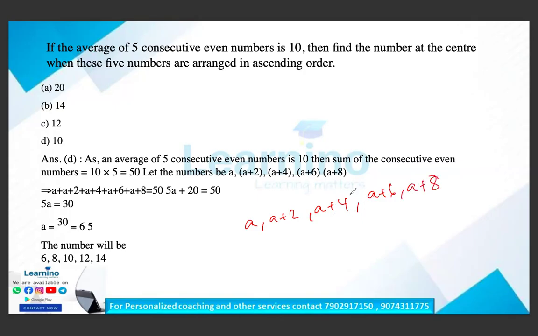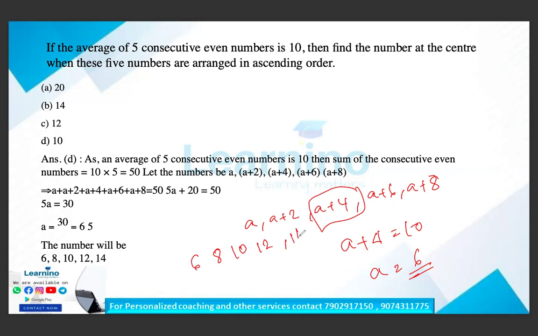The average will be the middle term, so A plus 4 equals 10, A equals 6. So the numbers are 6, 8, 10, 12, 14.